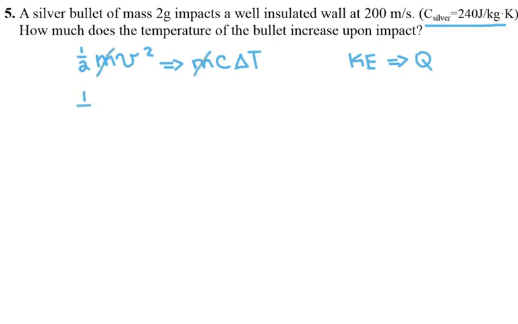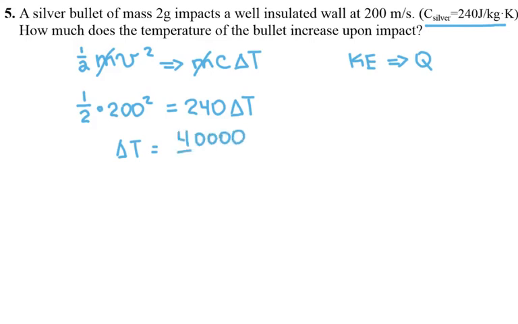Then I have 1/2 times the velocity of the bullet, 200 squared, equals the specific heat of the bullet, 240, times the change in temperature, which is what I'm looking for. So the change of the temperature is equal to 200 squared, which is 4 and 4 zeros, divided by 2, and I have to divide by 240 as well.